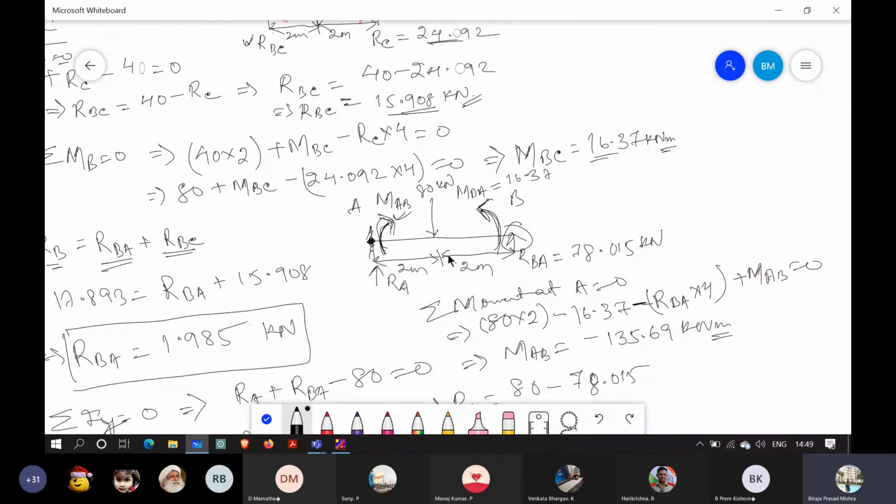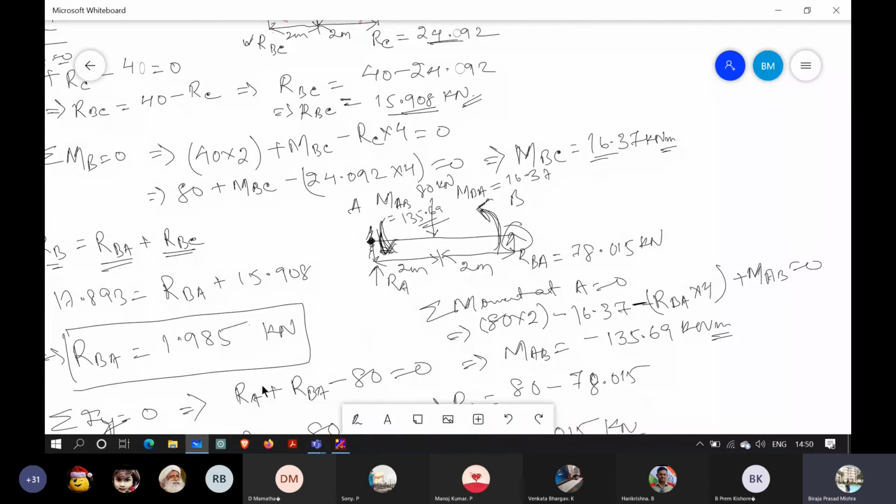If it is minus 135.69, it means the direction in which I have assumed is wrong. Instead of clockwise, it will be anti-clockwise. This is again 135.69.